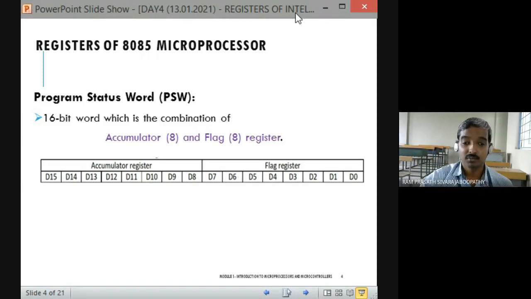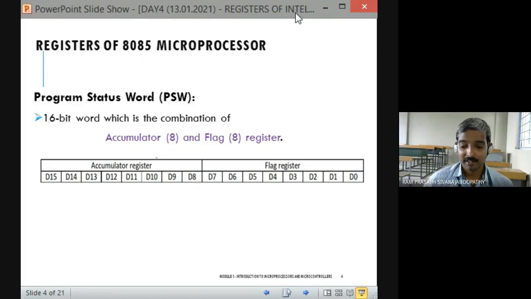Okay, see, in your program if you are using the word PSW, it indicates the combination of accumulator and flag register. Clear? Fine. So it is not a separate register. PSW is not a register physically. Physically it is the combination of accumulator and flag together. In a program we are going to use the word PSW.